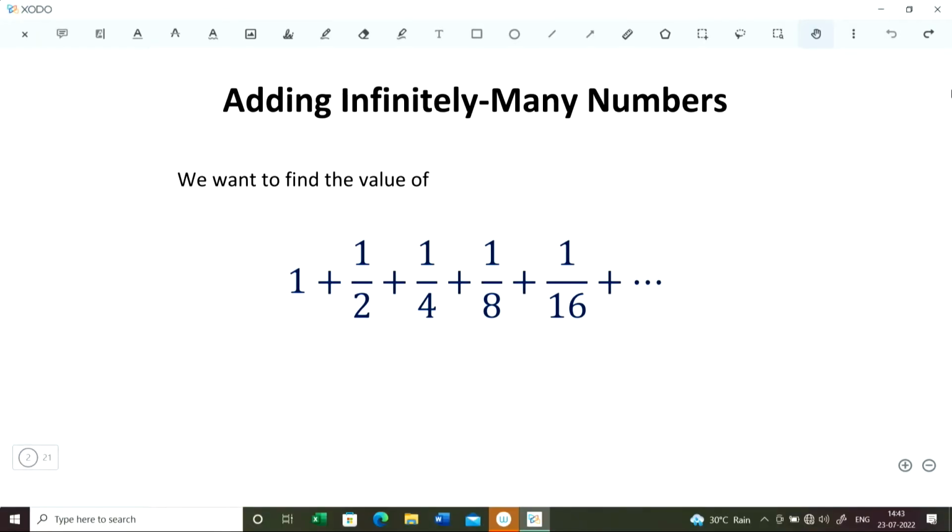So on that note, let us try to do this problem. So does anyone have any idea how to solve it? It's a GP, right?